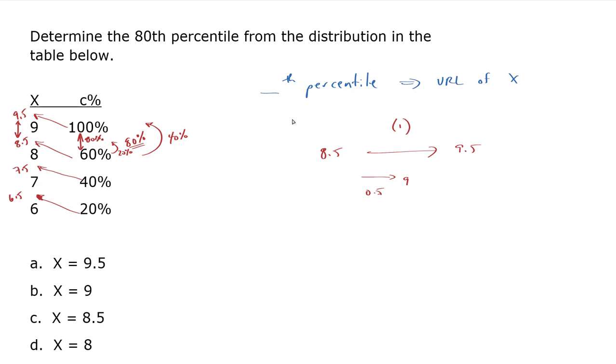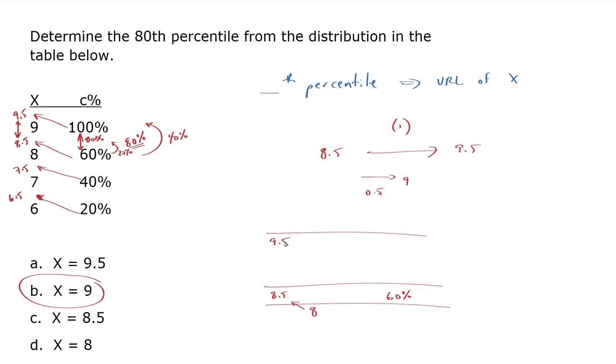So the 80th percentile is 9, because if I have my score, which has an upper real limit of 8.5, and that goes with 60%, and I have another score here, 9.5, that's my upper real limit of 9, and that goes with 100%.